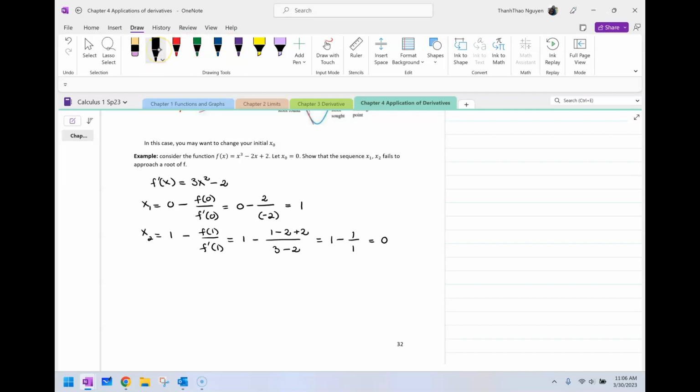So x2 now becomes x0. It bounces back and forth and fails to approach a root. So when x0 equals 0, the sequence x1, x2 fails to approach a root.